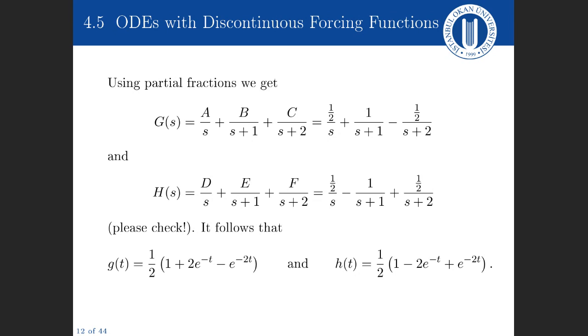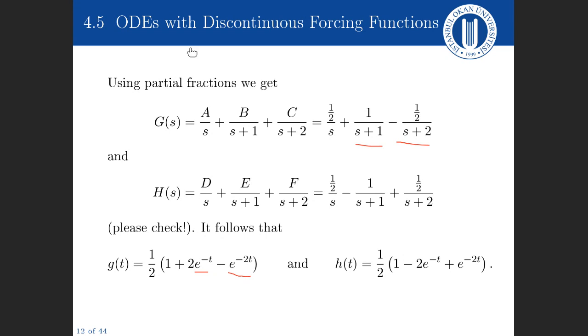Assuming this is correct, it follows that small g is a half multiplied by 1, because the inverse Laplace transform of 1 over s is 1. The inverse Laplace transform of 1 over s plus 1 is e to the power minus t, and the inverse Laplace transform of 1 over s plus 2 is e to the power minus 2t.